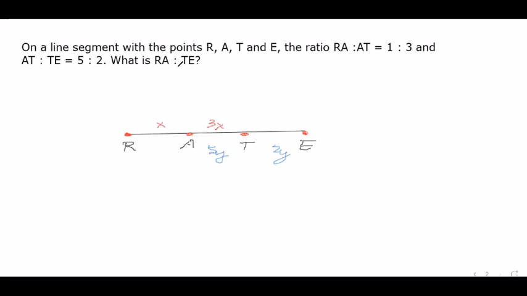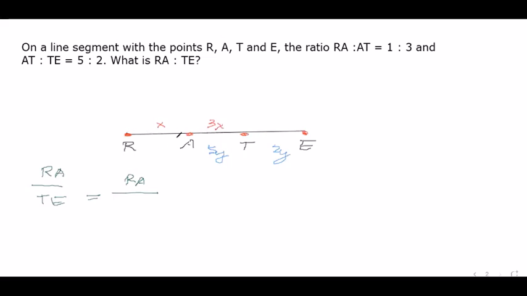Then the problem is to work out RA over TE. You know this over this, and you know this over this, and you want to work out that over that. Why don't we divide and multiply by the same thing?